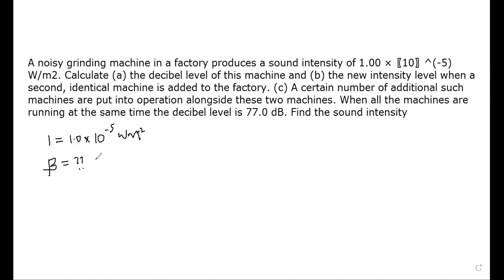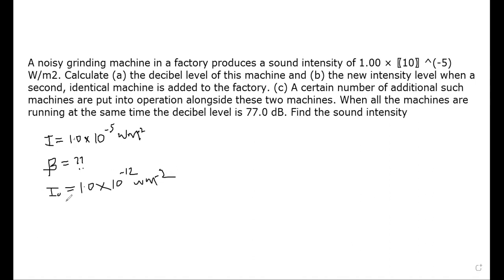Before I go to B, don't forget that I naught equals, what's the value of I naught? 1.0 times 10 to the power minus 12 watt per meter square.